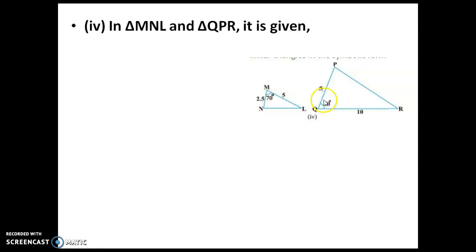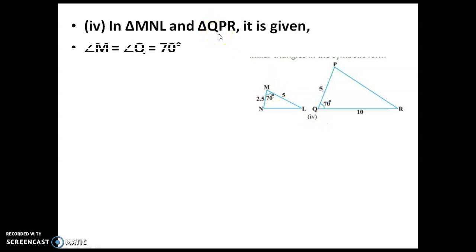Here it is given 70 degrees, and one side 5 and one side 10. So in both triangles the angle is in between the two given sides. That's why I have written the triangle as QPR. Here angle M is known, here angle Q is known.